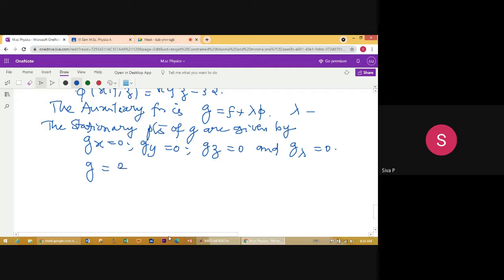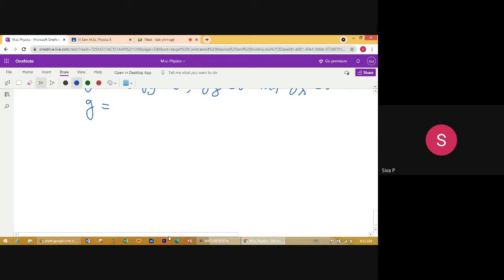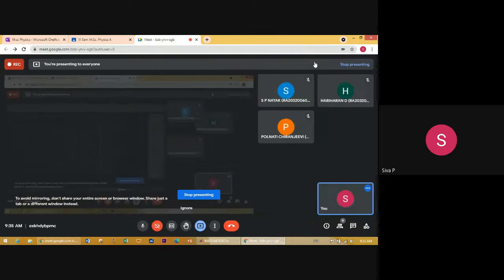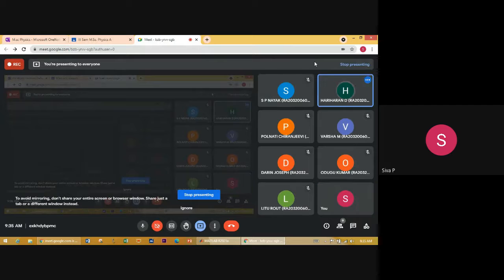What is f? Are you writing or not? Hariharan, Nayak, Chiranjeevi, Varsha.